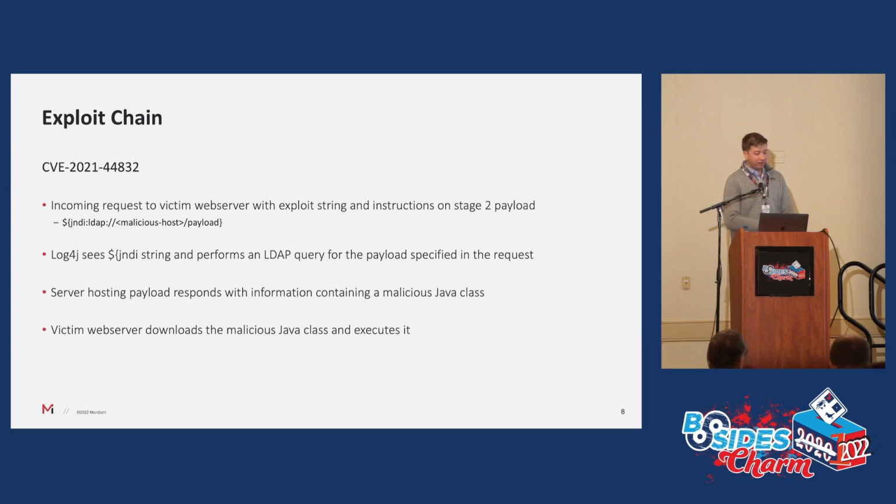All right, so to talk about the exploit chain a little bit. The way it works is you have an incoming request to a victim web server, something that's running directly on the internet. In that request, you have this JNDI exploit string, and cascading down from there, there are instructions for a stage 2 of the payload. JNDI stands for Java Naming Directory Interface.